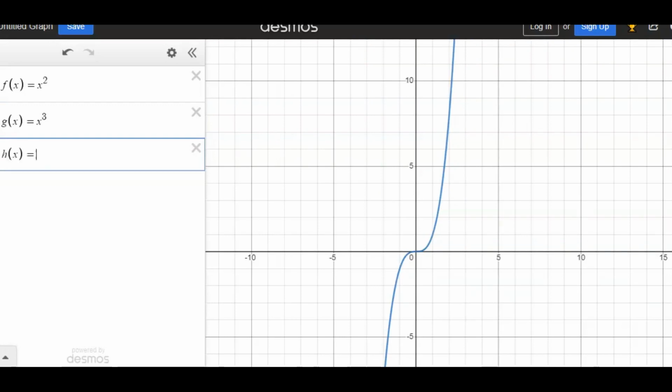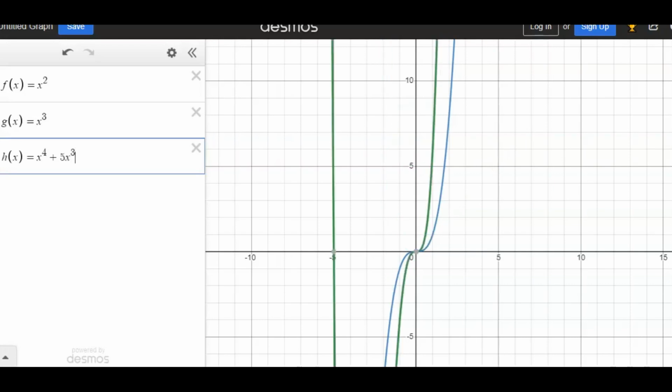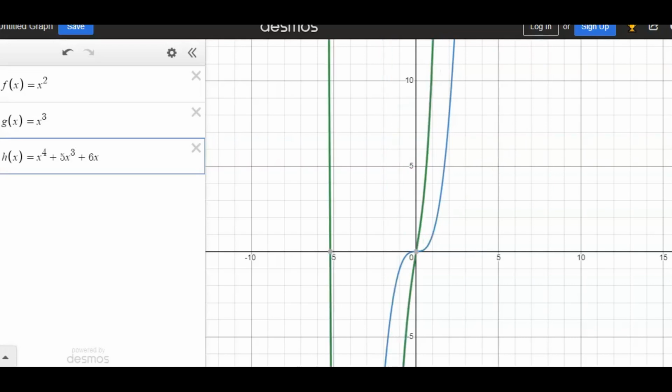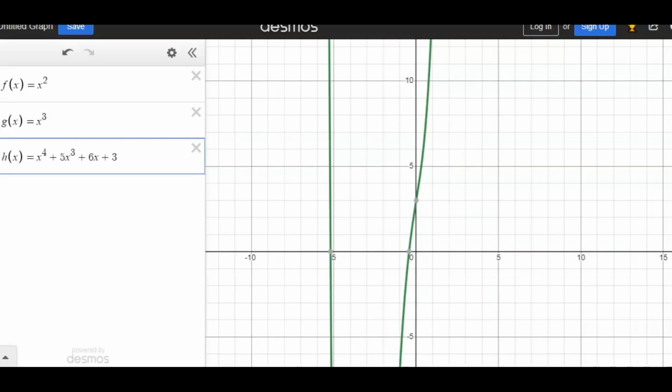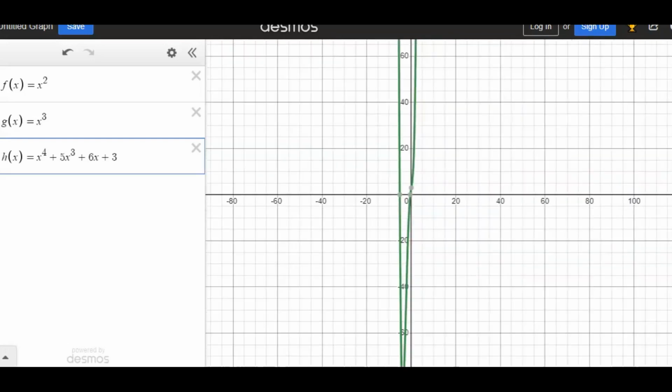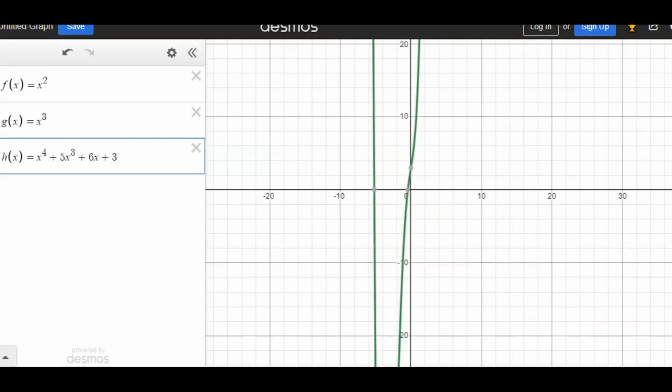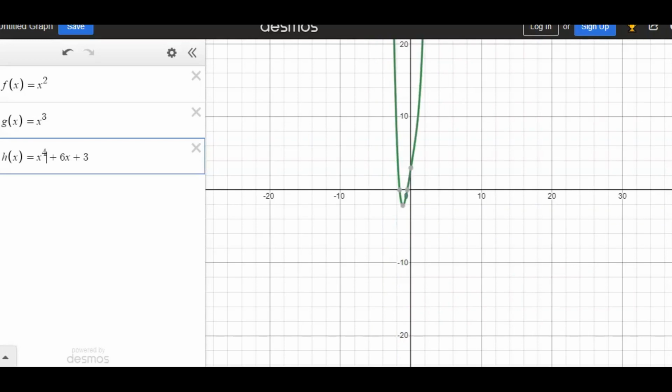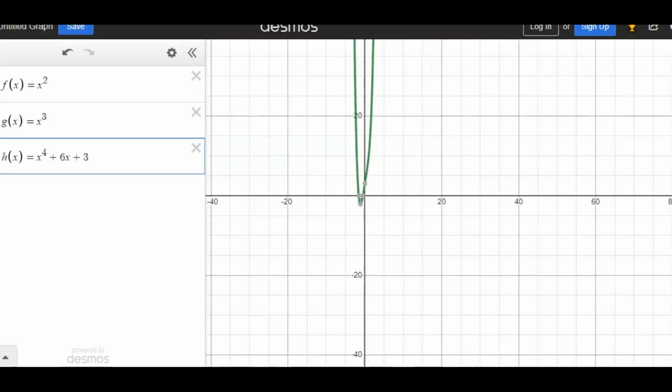Suppose h(x) = x^4 + 5x^3 + 6x + 3. Suppose this is a polynomial function. How does it look? It looks like this. You can try many polynomial functions using Desmos.